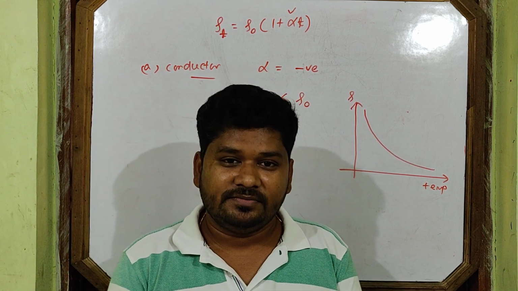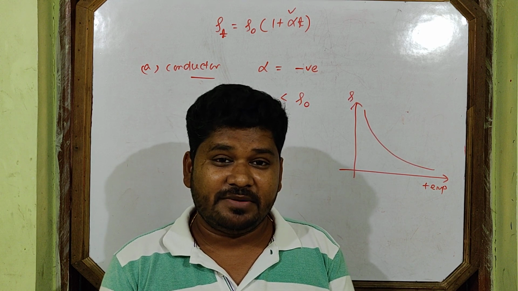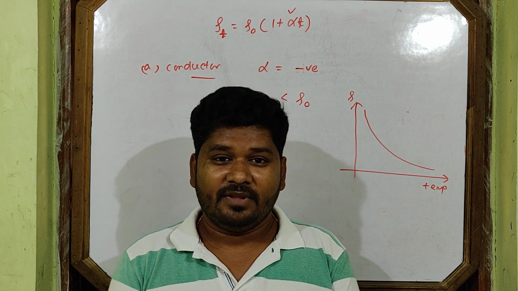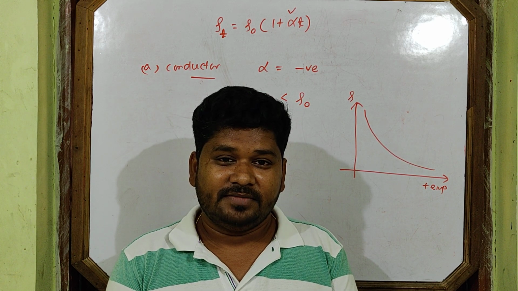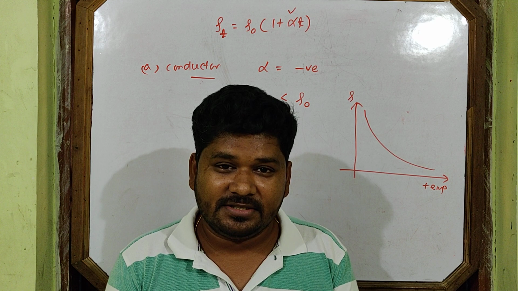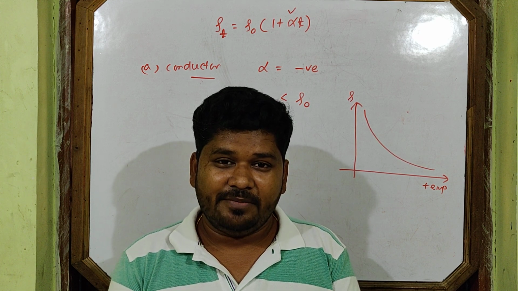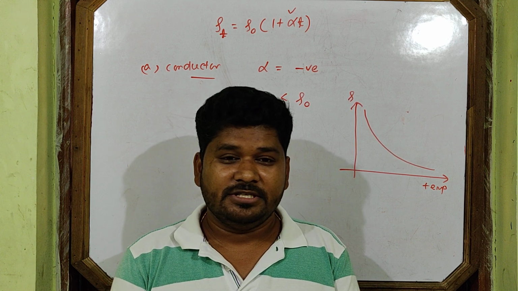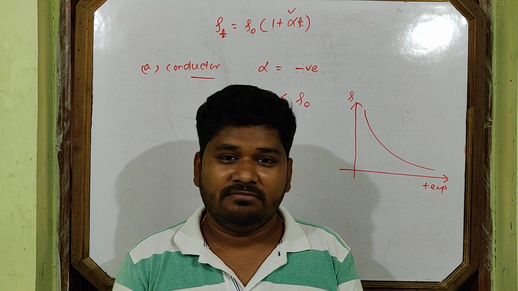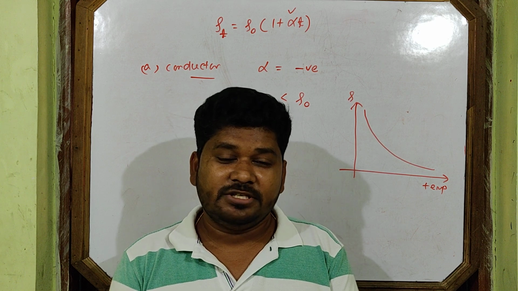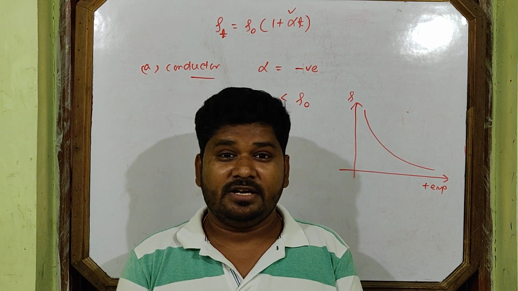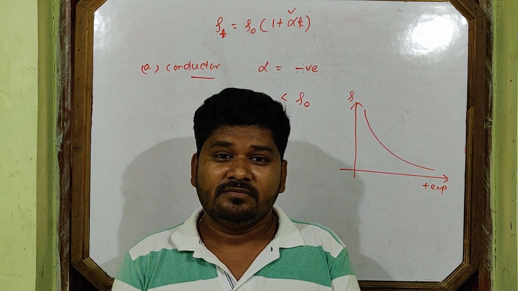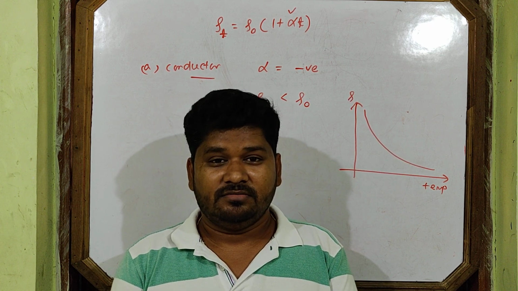After the exam, some students came out and told me, sir, we know the resistivity versus temperature graph for a semiconductor, but where is the graph for germanium? It is not in the book.